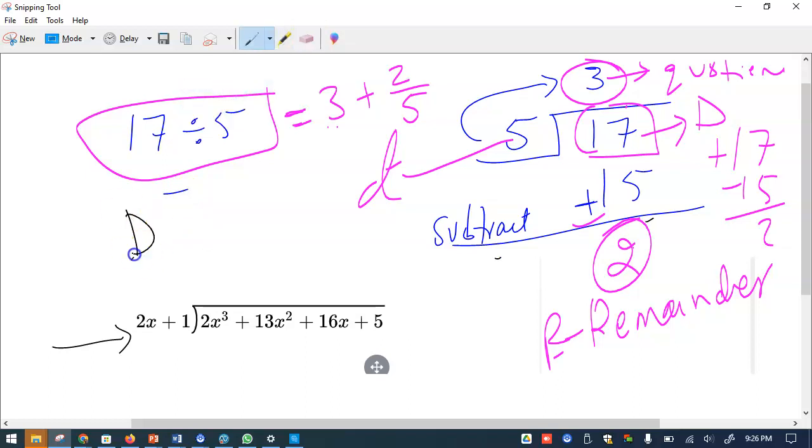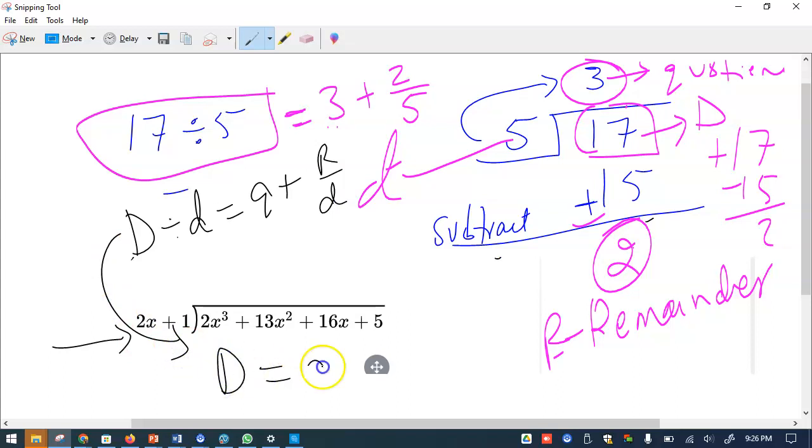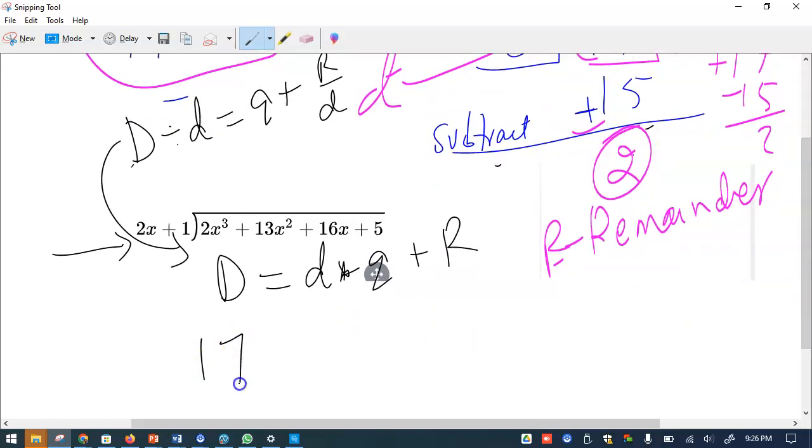You could also write dividend equals divisor times quotient plus remainder. So 17 is the same as 5 times the quotient 3, plus the remainder 2. It's the same thing.